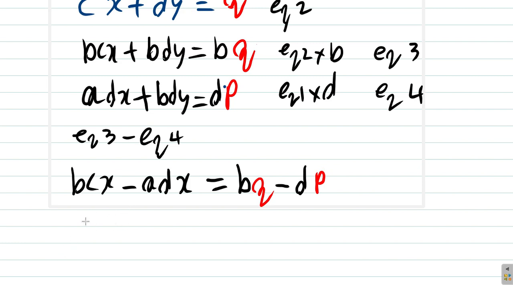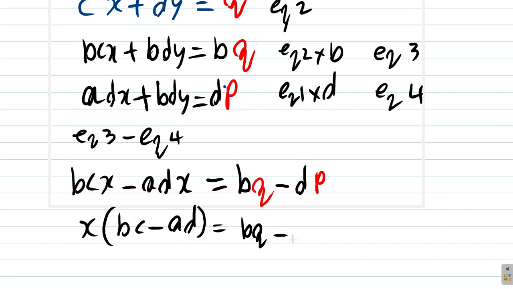Now with x outside the bracket, we have bc minus ad equals bq minus dp.